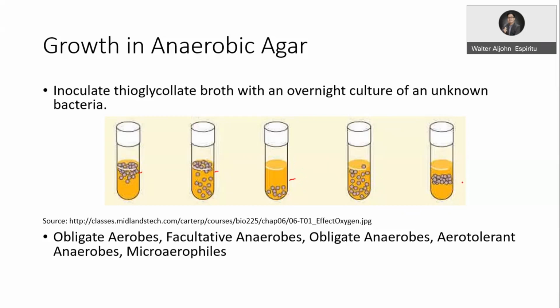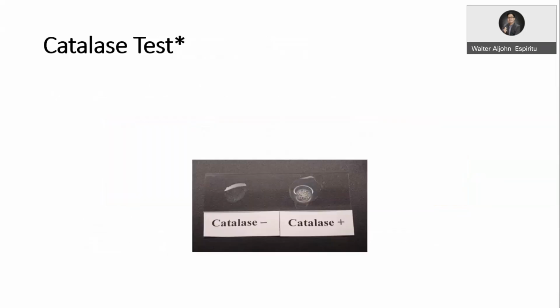Finally, we have the microaerophiles, microbes that grow at very low concentrations of oxygen. However, we don't have the media for the anaerobic assessment, so this part of the experiment will be scrapped from your experiment.